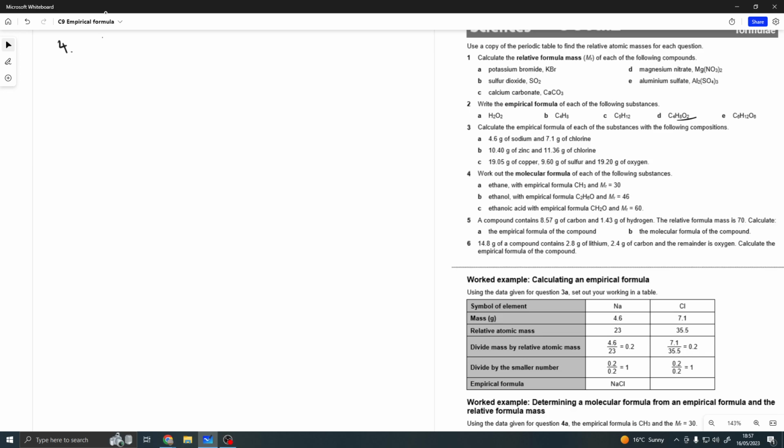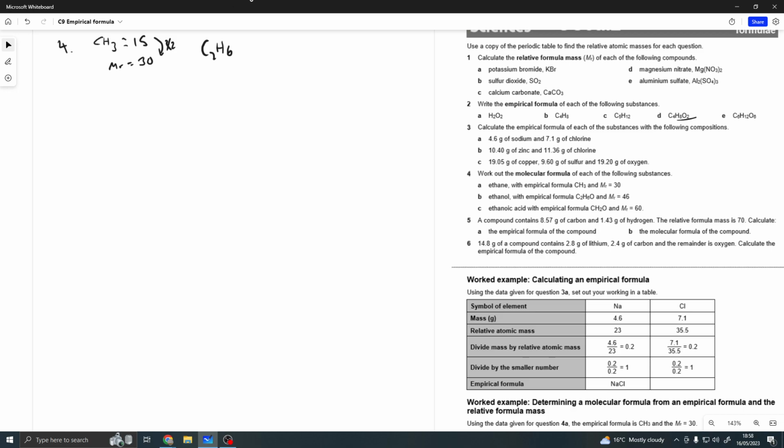Now, CH3 equals 15. Our MR is actually 30. If we times that by 2, we will get 30. So we need to times everything in CH3 by 2. So the molecular formula there is just C2H6.